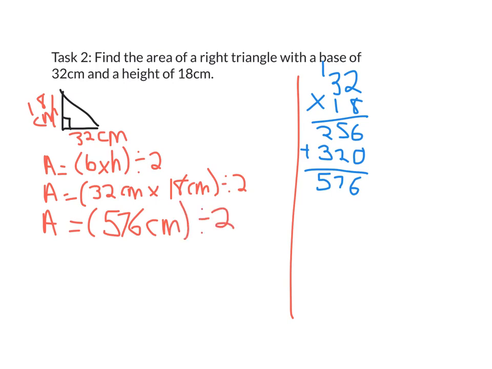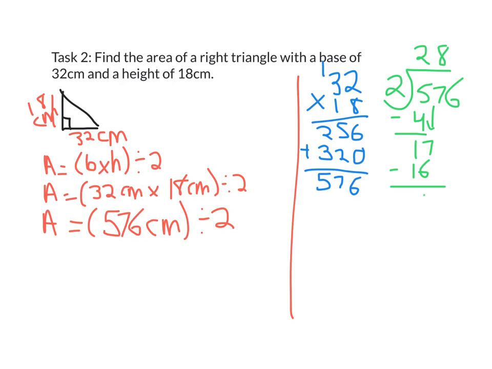And then again, I'm going to show my work here on the side. So I'm going to divide 576 by 2. Okay, so can 2 go into 5? Yes, it can. It can go into it 2 times. So 2 times 2 is 4. Subtract that, I get 1. And then I can't put 2 into 1 anymore, so I carry down my 7. So 2 can go into 17 8 times. 8 times 2 is 16.